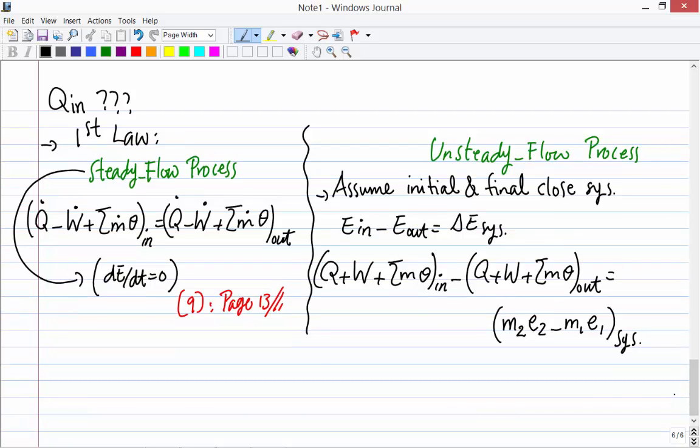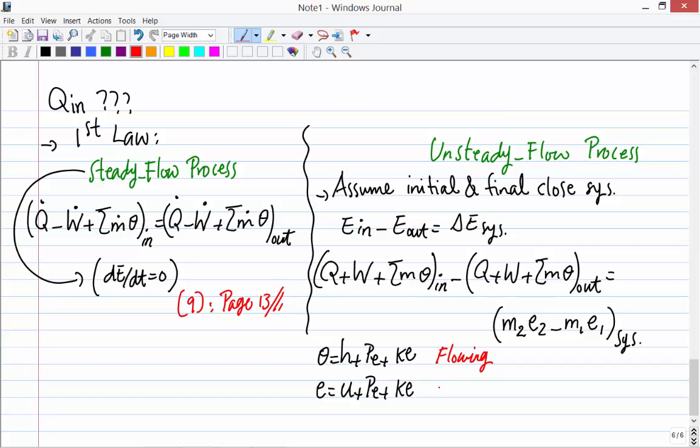And here I define theta as enthalpy plus potential energy plus kinetic energy. Kinetic energy is v squared divided by 2, and potential energy is gz. And little e is u plus, same, potential energy plus kinetic energy. This one is for flowing devices, like turbine, pump, compressor.